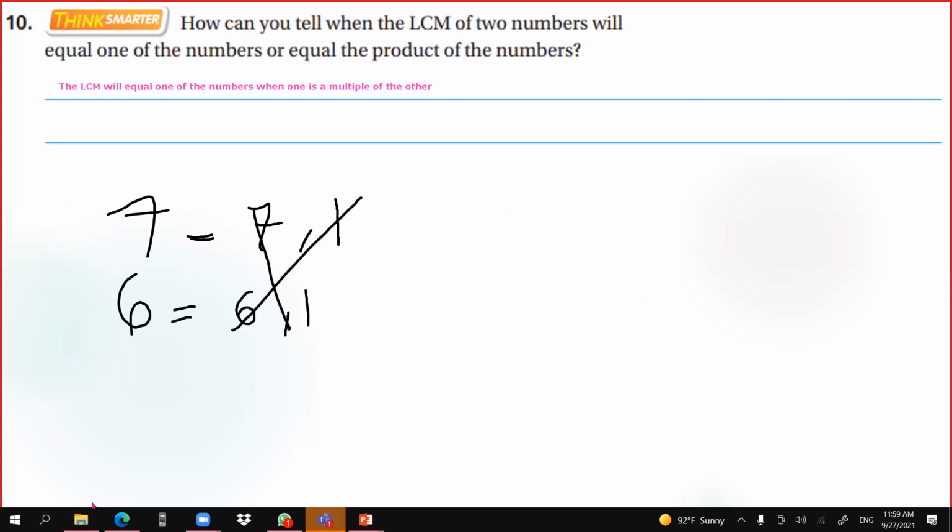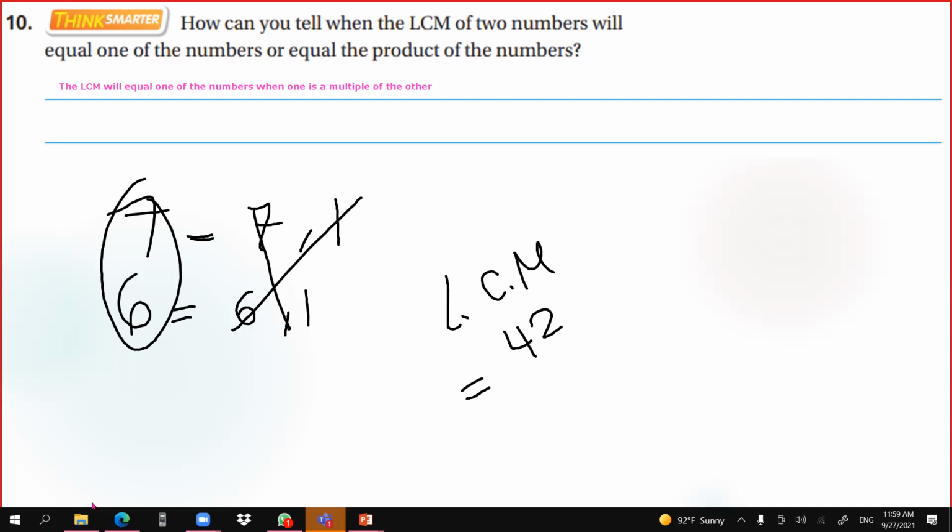So that means you will multiply them to find the least common multiple. If you find two numbers with no common factor between them, just multiply the two numbers. So the least common multiple will be 42. Got it?